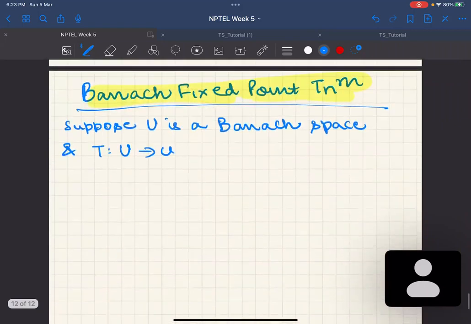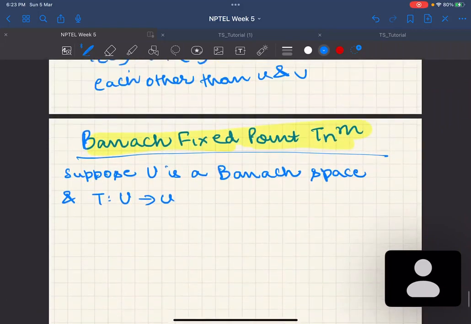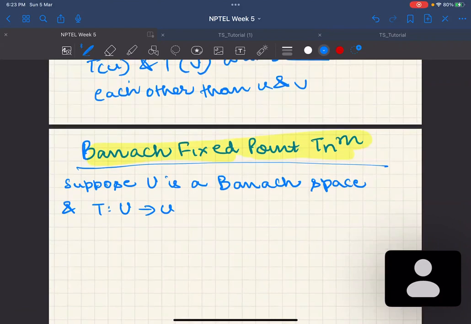A Cauchy sequence is one in which the elements come closer and closer to each other. Yes, I remember that. Next time I'll bring more examples so that you can understand Banach space.